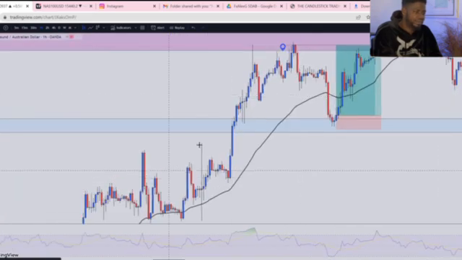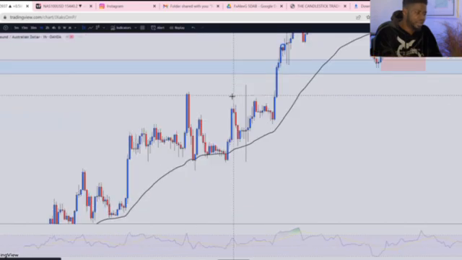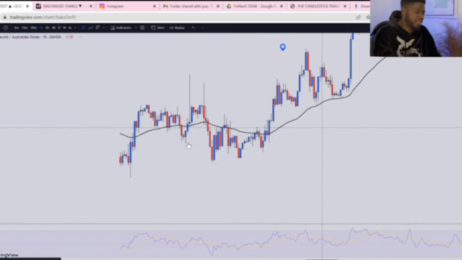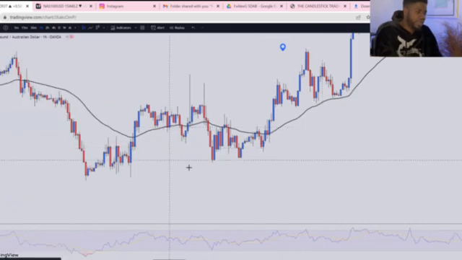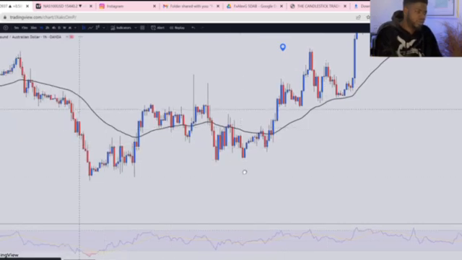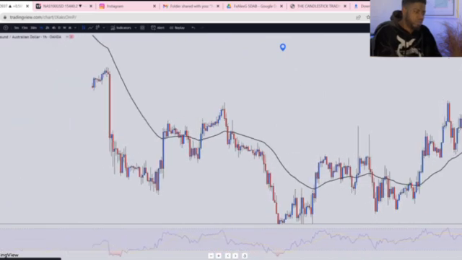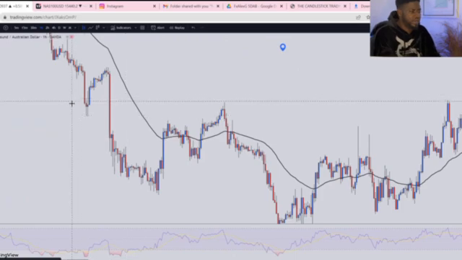That Dragonfly Doji, Hammer, and this Morning Star are very effective in the market, especially when you see them at an area of support or area of demand. You know, demand and supply.